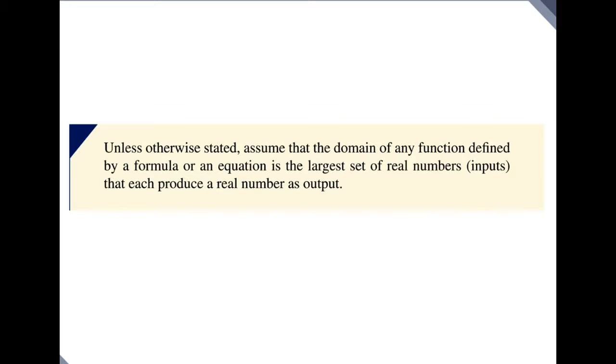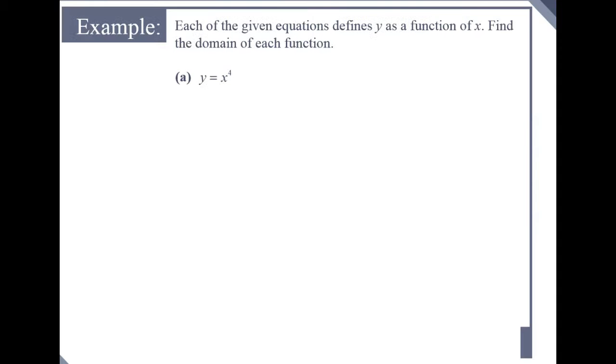Okay, I'm not going to read everything for you, but you can read it to yourself. So here are a few examples. Now notice they're not giving this in function notation, but they're saying this equation defines y as a function of x.